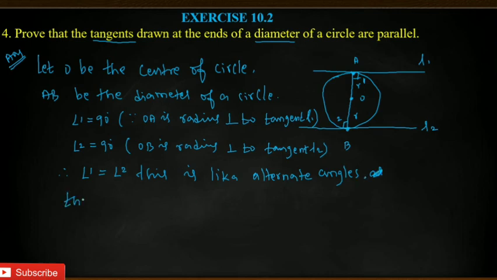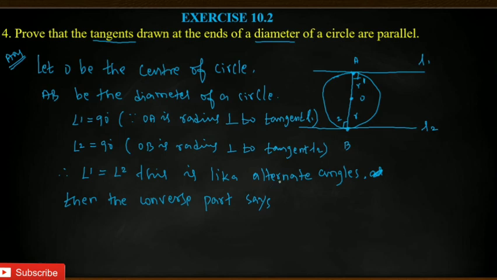Then by the converse: if two lines are parallel, alternate angles are equal.